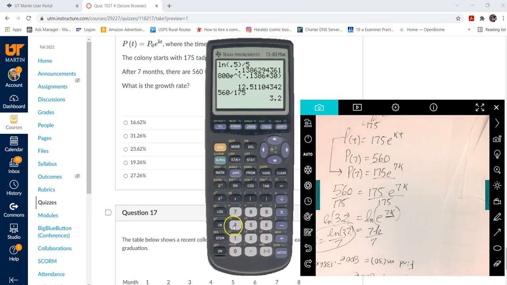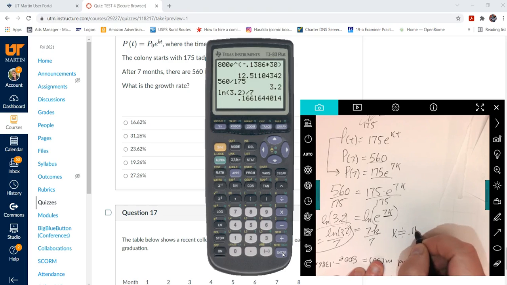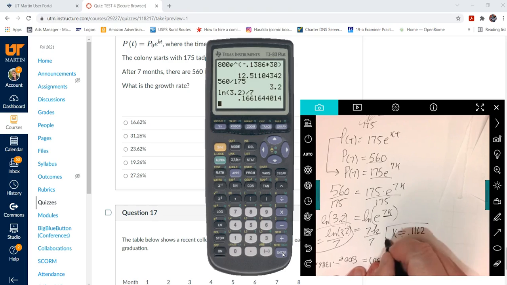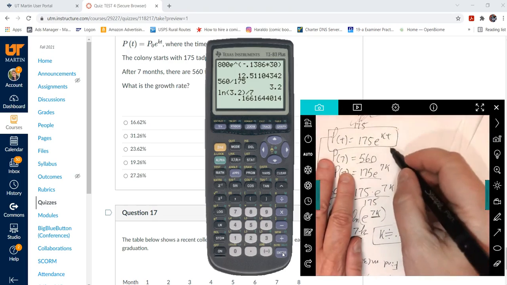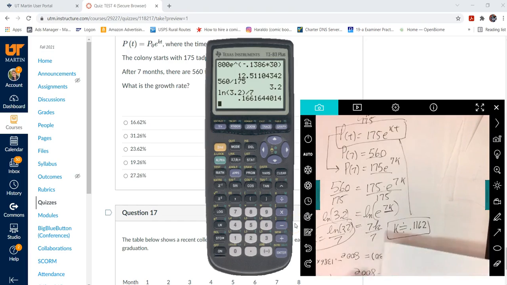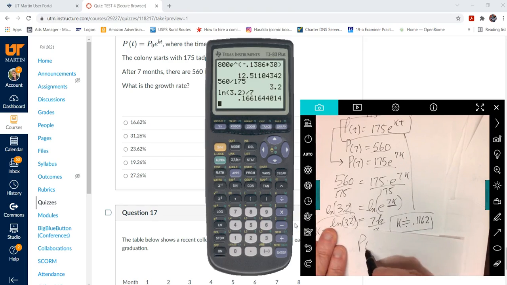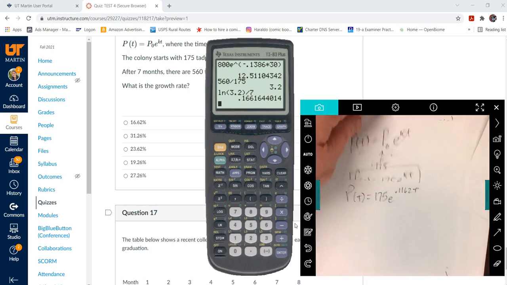So ln of 3.2 divided by 7. And I'm going to take that to 4 significant figures. 0.1162. So I need to put these together, and that's going to give me my formula where I can answer the question. So P of t is equal to 175 times e to the power of 0.1162 times t.